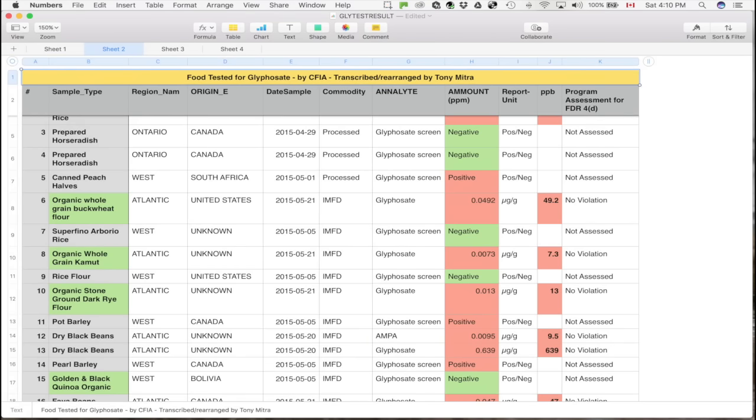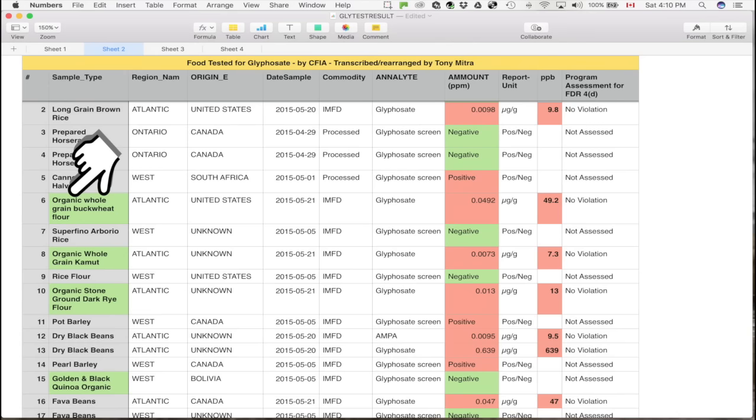Anything that has the word organic in it comes up in green, so that you can cross-check the organic, and you can see the first organic sample described as organic whole grain buckwheat flour, item number 6, also has a measurable amount of glyphosate, which is 49.2 parts per billion, and it's not in violation. So a lot of the organic foods do have glyphosate measured, for sure, and some of the non-organic food have no glyphosate.